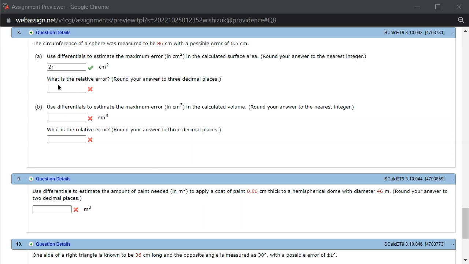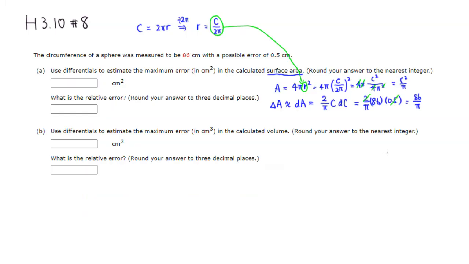The second part of part A asks what the relative error is. The relative error is going to be delta A over A itself, which can be approximated by dA over A. The dA we just found to be 86 over pi, and A is c squared over pi, so 86 squared over pi.